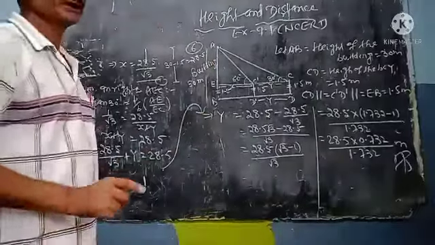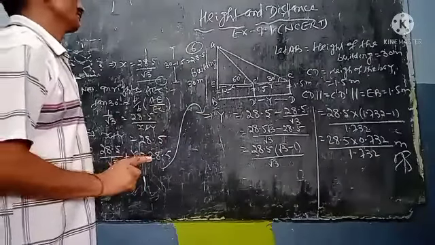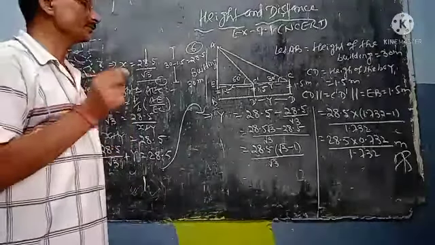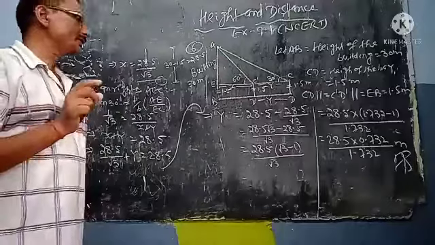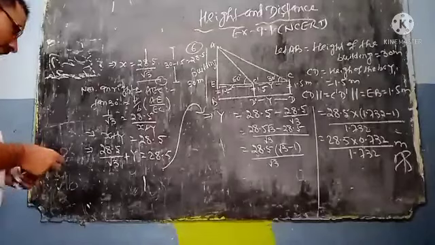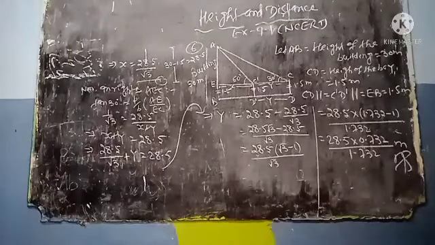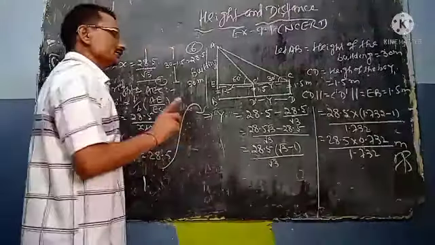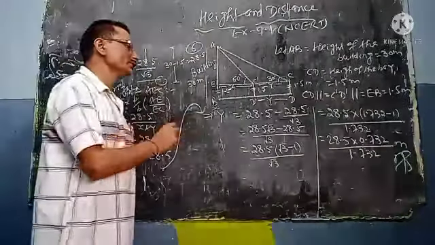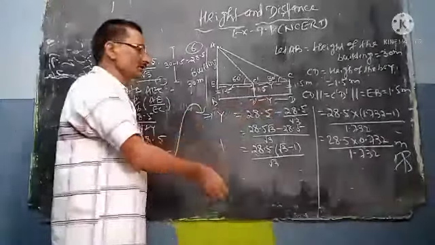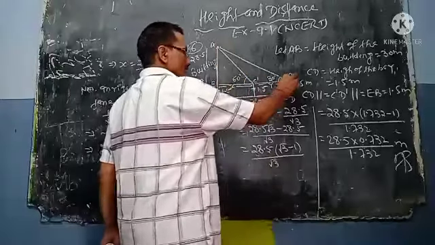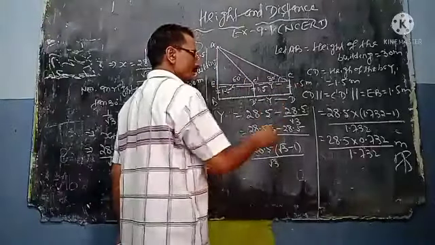Dear students, I would like to repeat once again. A 1.5 meter tall wire observes the top of a 30 meter tall building from the opposite direction, and the angle of elevation of 30 degrees is formed. This is the building, this is the 1.5 meter wire.